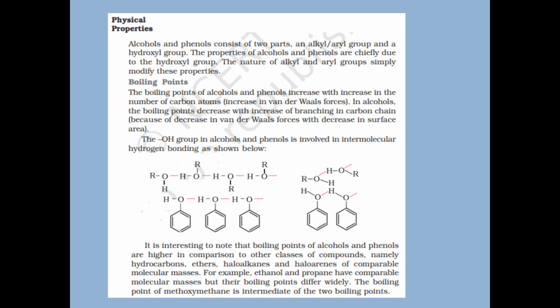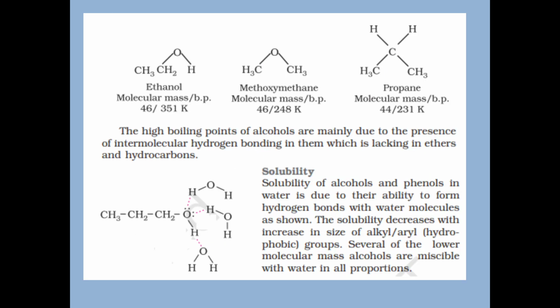For example, ethanol and propane have comparable molecular masses, but the boiling points differ widely. The boiling point of methoxymethane is intermediate between the two. Here are some examples: ethanol, methoxymethane and propane.